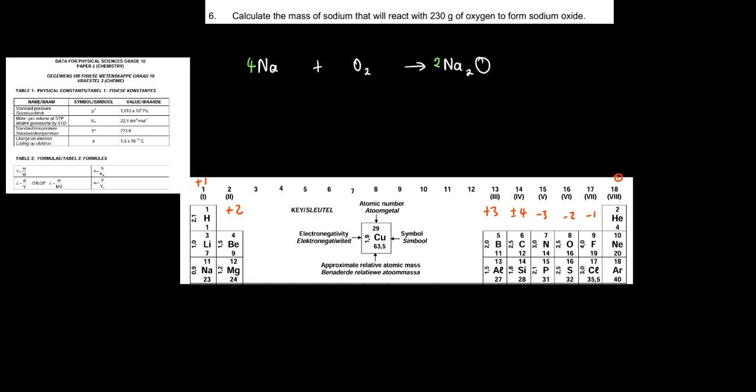For example, I can ask you why is water H2O and not HO2? Why is it not H2? Why is it H2O? So we use this numbering system.